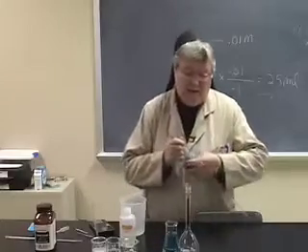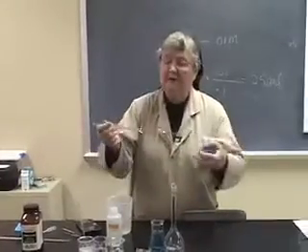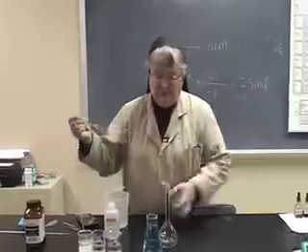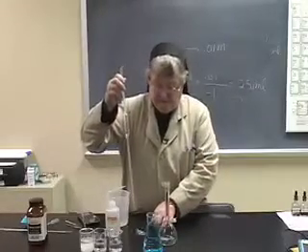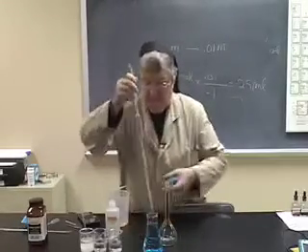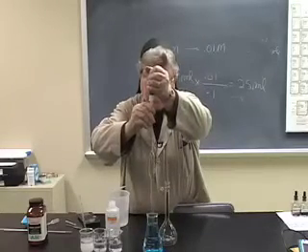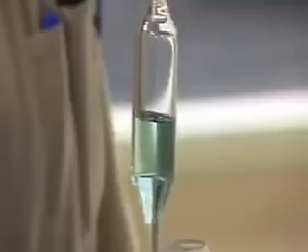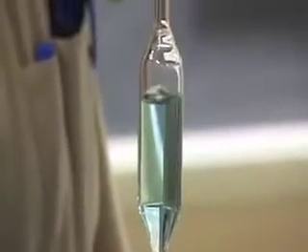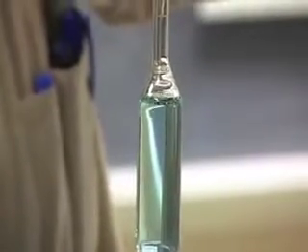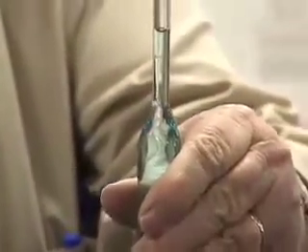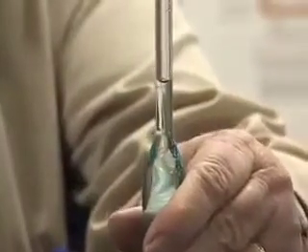And so the way you do that is you use a volumetric pipette, very accurate, and you would go ahead and pipette. Okay, so I'm drawing that up and then I'm letting out very slowly to a very accurate mark right there.